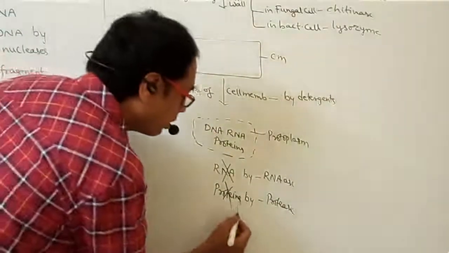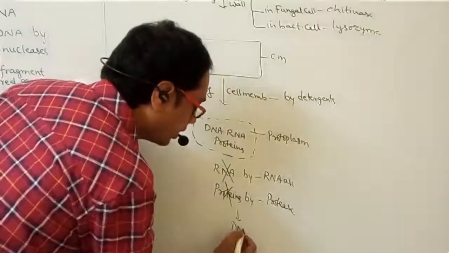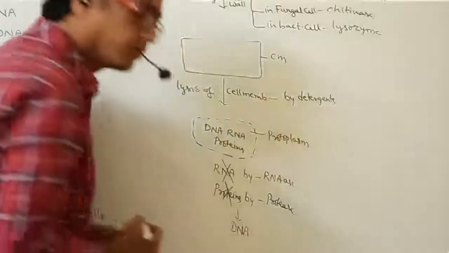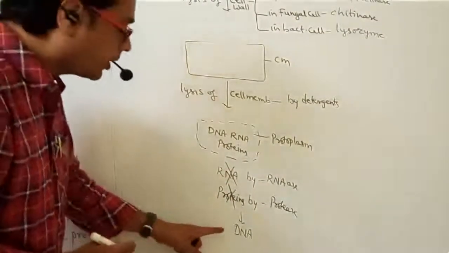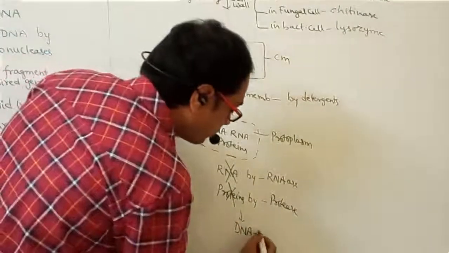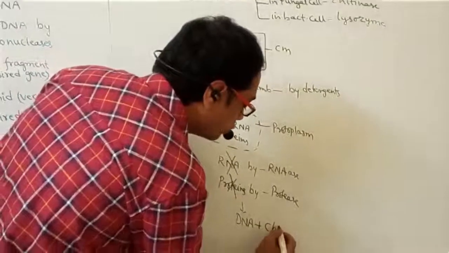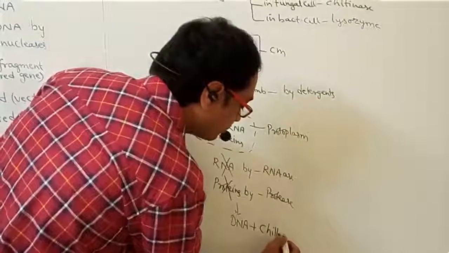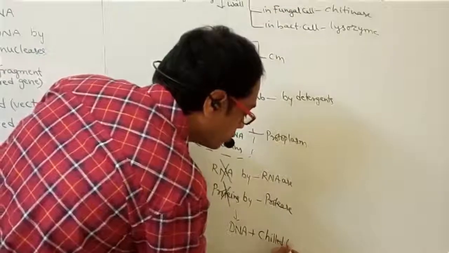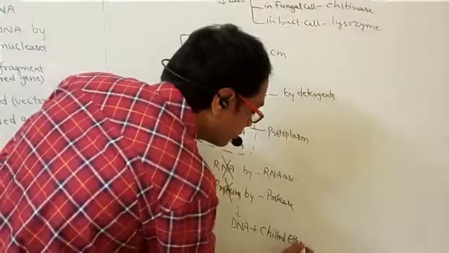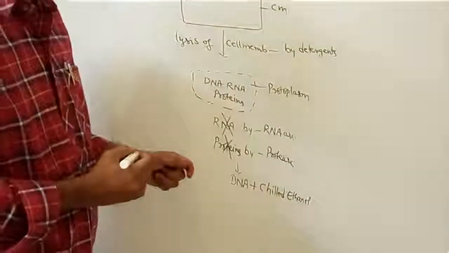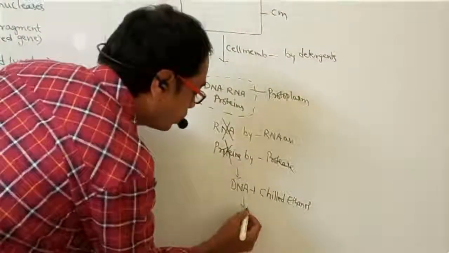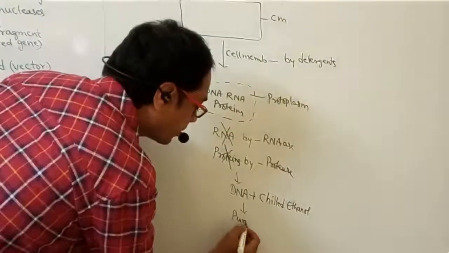And finally, which substance is obtained? DNA is obtained. For the obtained DNA, we have to add chilled ethanol. Then purified DNA is obtained.